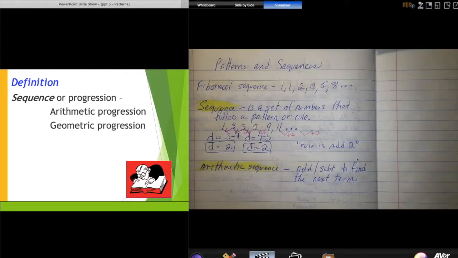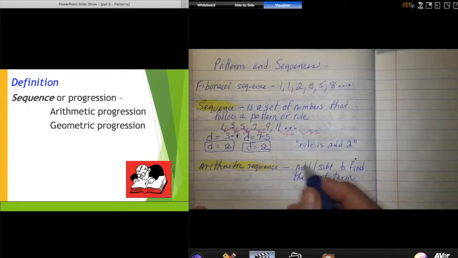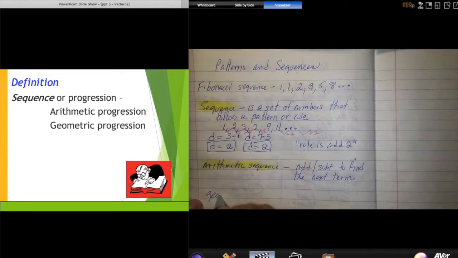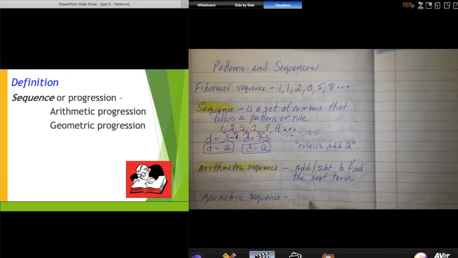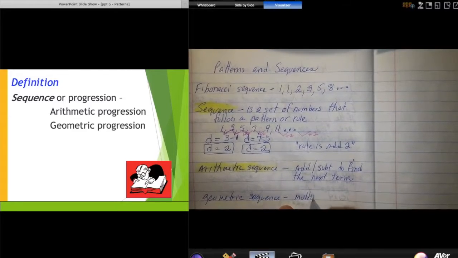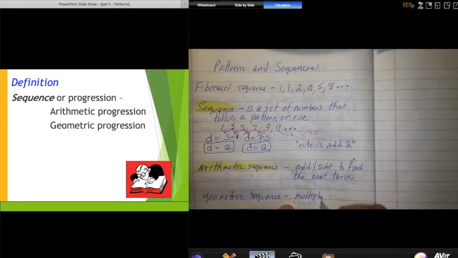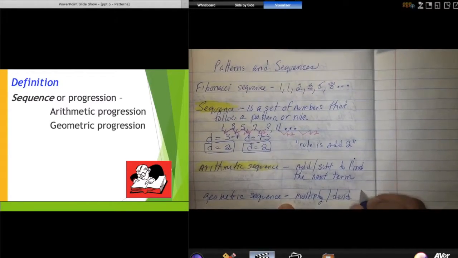So let's go ahead and look at a geometric sequence. A geometric sequence is when you multiply or divide to find the next term.